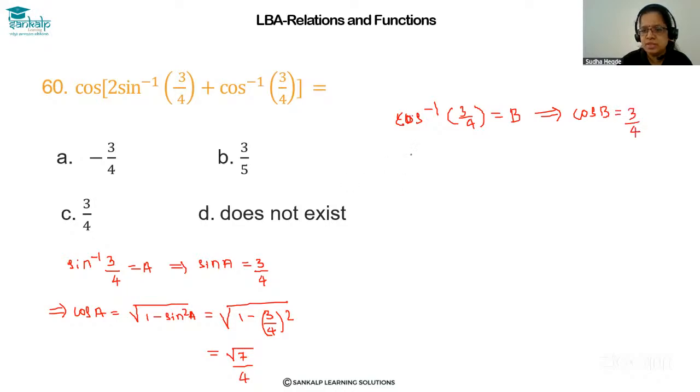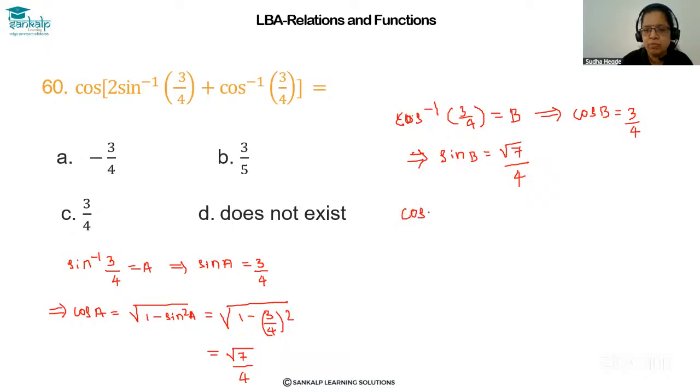That implies sin B value will be same as this. So sin B is equal to root 7 by 4.